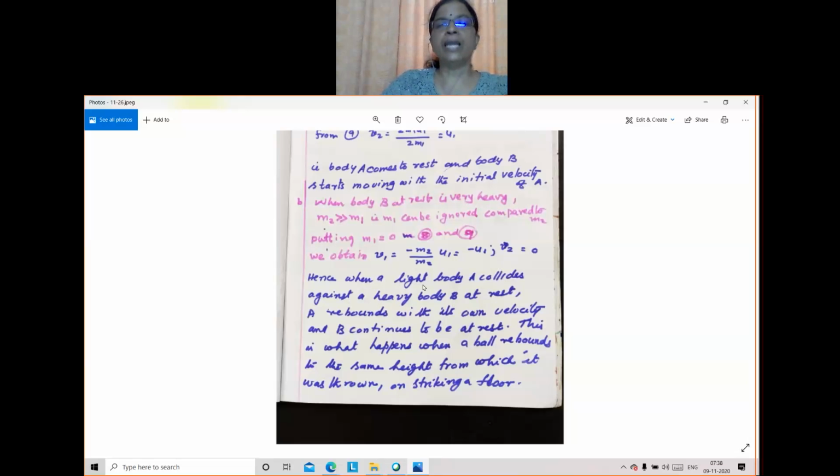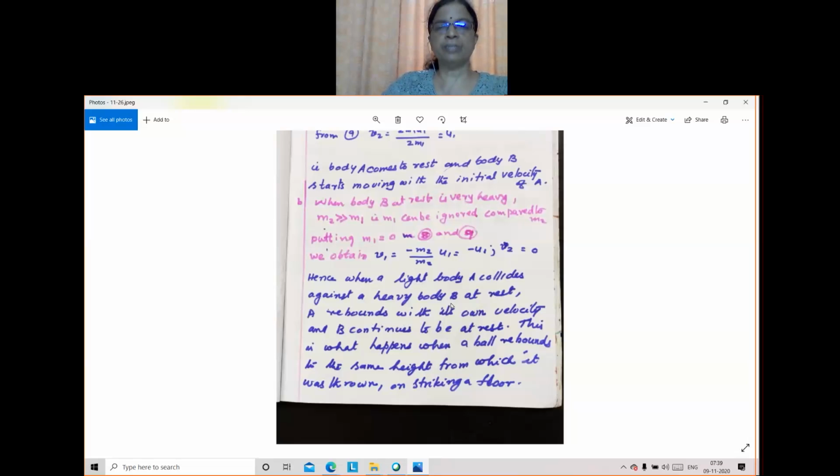Hence, when a light body A collides against a heavy body B at rest, what happens? A rebounds with its own velocity and B continues to be at rest. We know that when we throw a ball it rebounds, but the wall continues to be at rest. So when body B is very heavy, body A hits and rebounds, and body B continues to be at rest.